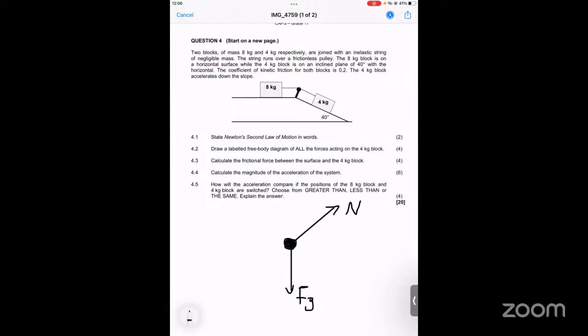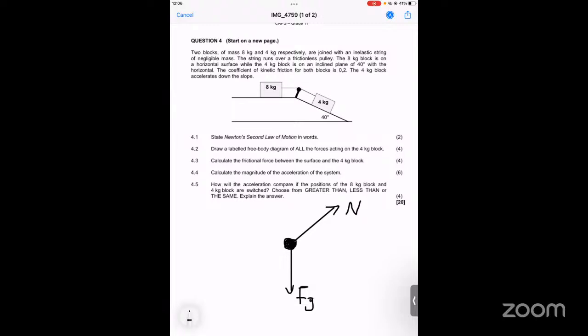And then there would be tension, wouldn't it? So always when we have objects connected by a string, there will always be a tension.